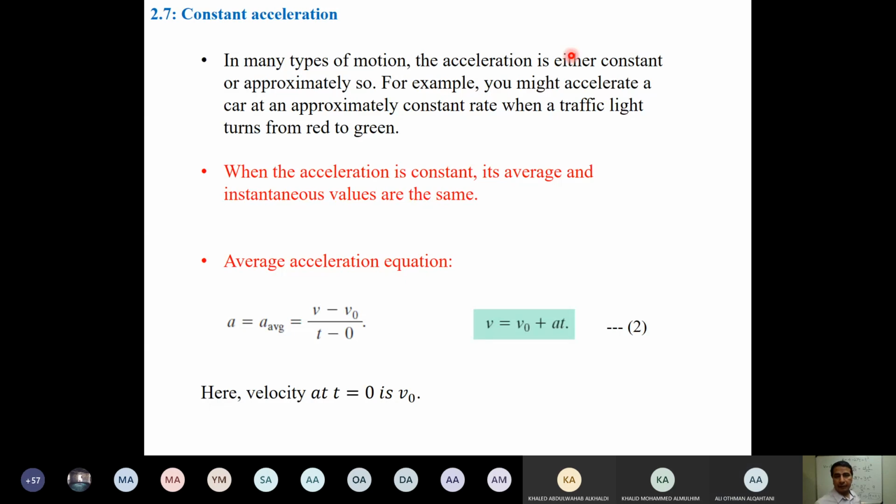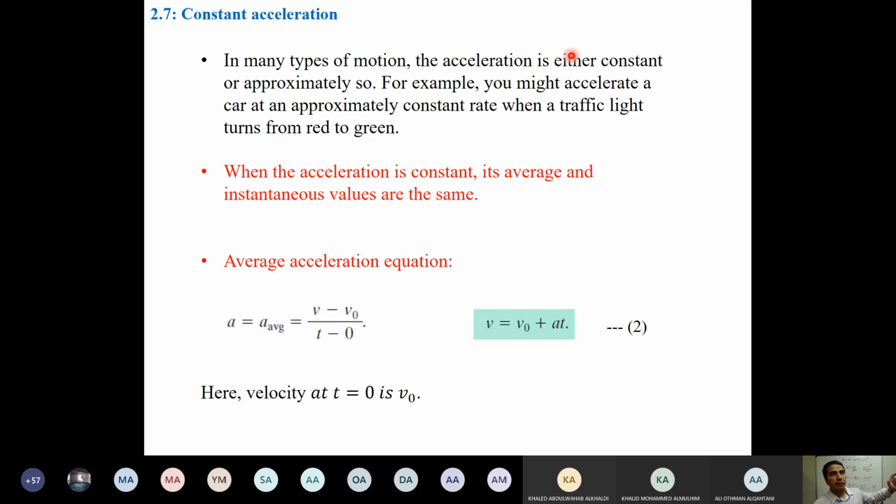So for constant acceleration, I explained the instantaneous acceleration and the average acceleration. There is another thing, which is constant acceleration. Sometimes when you are moving in a car, in each interval of time, which could be 1 minute, your velocity can change by different amounts.